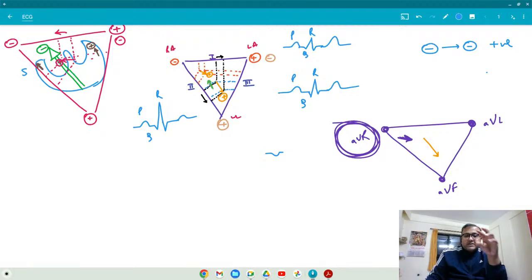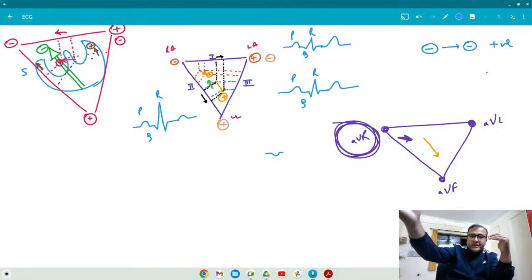Okay, once again, you are standing at AVL. You are looking at the depolarization. Are you looking at the head or at the tail? Do you think that by the time you look at the tail, the entire depolarization has already reached the AV node? What is the use of looking then? When the SA node is firing, when the atria is depolarizing, charges are moving.